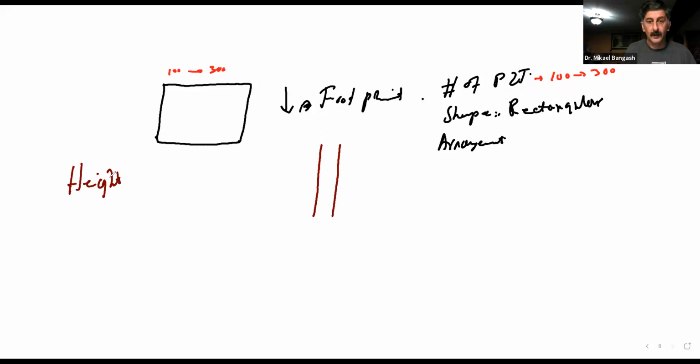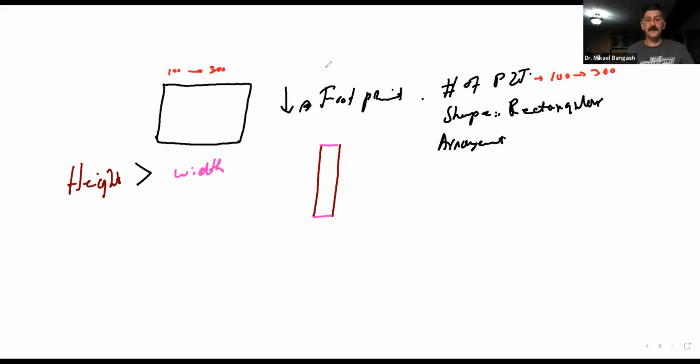Where we can say this and this is the width of the PCT. Did that make sense? So if you look at it, you can mainly say that the height is going to be greater than the width.